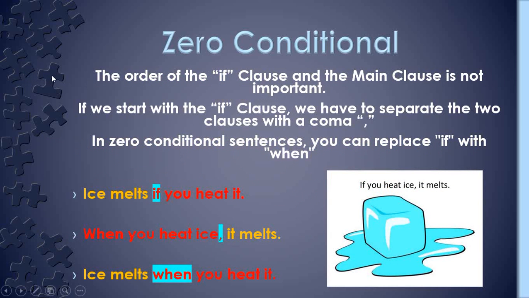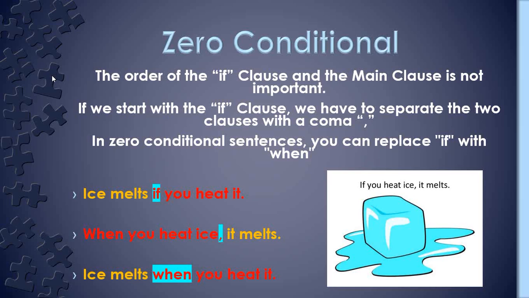We have some tips or some rules for the zero conditional. The first one is that the order of the if clause and the main clause is not important. We can switch them. We can put first the if clause and then the main clause, or we can put first the main clause and in second place the if clause.